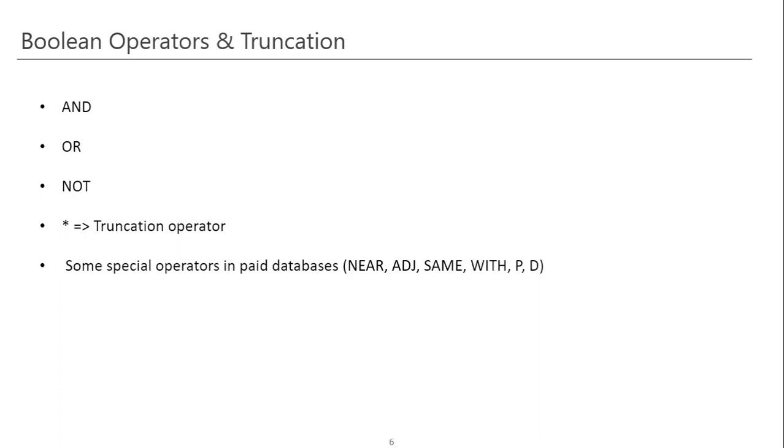So in these paid databases, you can search a particular concept or keyword in a particular paragraph, or in a particular line, or in a particular section. That's why these paid databases give much more relevant results than the other databases.